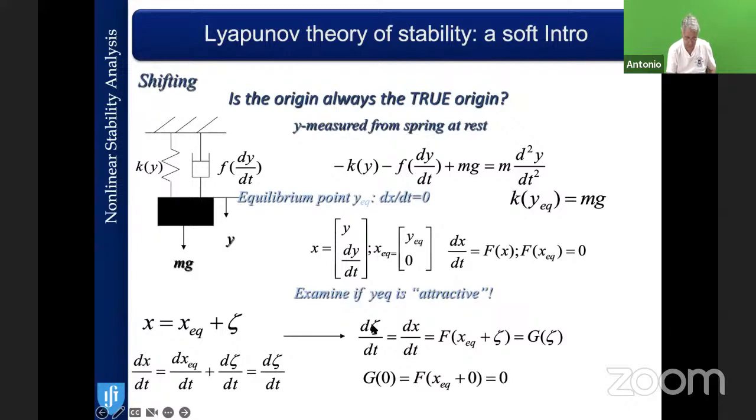It satisfies this equation. This side is equal to g of psi, and g of 0 is 0. The origin is now the equilibrium point. So by doing a simple coordinate transformation, you convert the problem of studying whether trajectories converge to the equilibrium point into studying the convergence to the origin. It's a very simple trick.